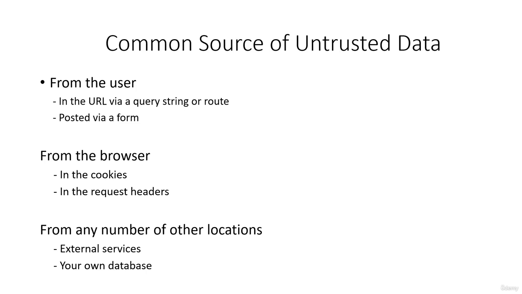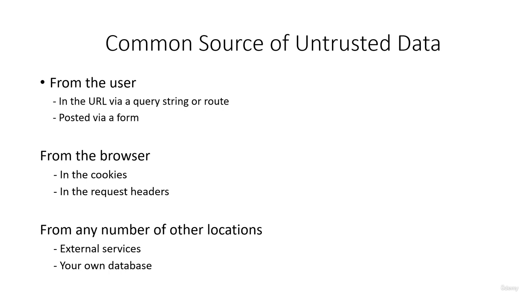Let's have a look at some of the places that untrusted data can come from, and the obvious one is from the user. So how does a user provide untrusted data to a system? The first thing is the query string or any other attributes of the URL. It's easy for a user to change the URL to manipulate parameters in it, and that's something we'll look at in more detail later on, in the parameter tampering lecture.